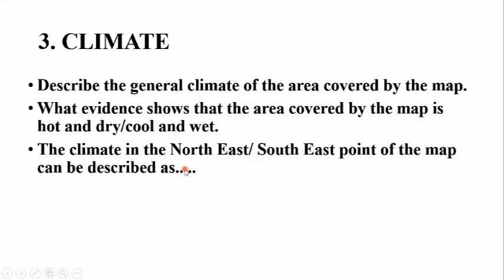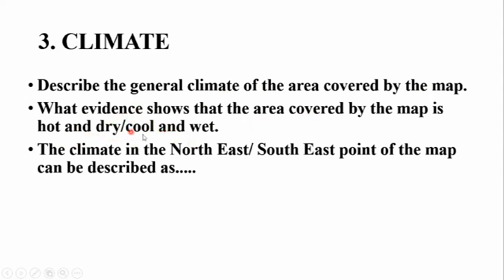Now, what similarity do we have in these questions? The first prediction: describe the general climate of the area. That is the whole area. Here we are talking about the whole area. When you come to the second one, the other possible question that may be set in this area, the evidence that shows that the area covered by the map is hot and dry or cool and wet.